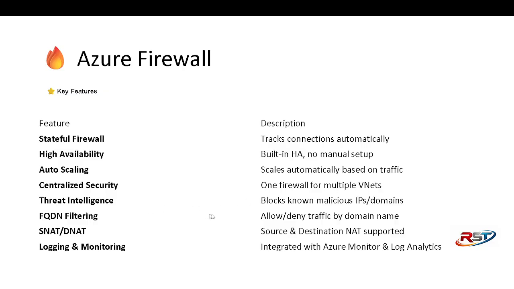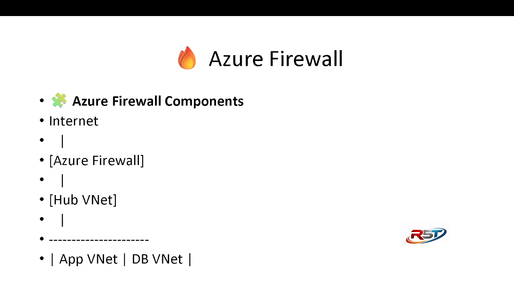Threat intelligence: blocks malicious IPs and domains. FQDN filtering: allow or deny traffic by domain name. SNAT and DNAT: source and destination NAT supported. Logging and monitoring: integrated with Azure Monitor and Log Analytics. So these are the features which Azure Firewall has.